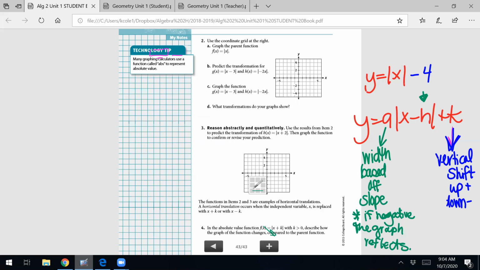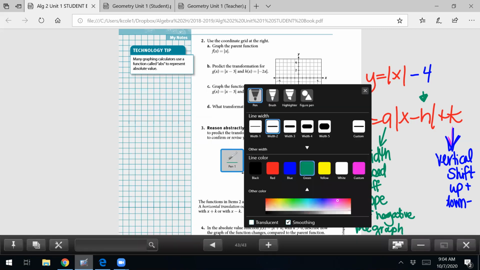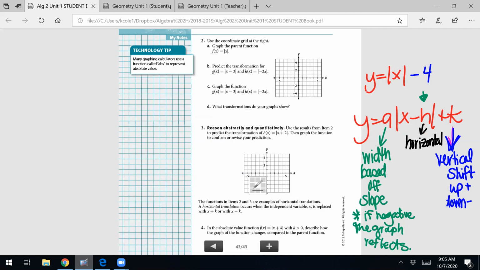We'll go ahead and add that one in. We already know what it is. This one is our horizontal shift, which is left and right. Now, this one, however, is a little bit tricky because when you look at it, we're looking at something that is inside the absolute value.